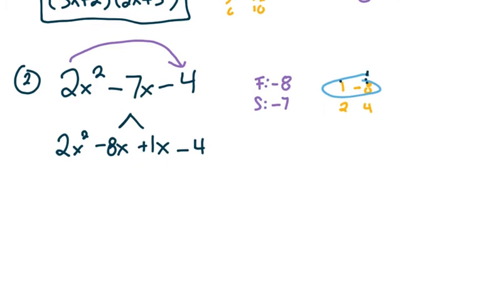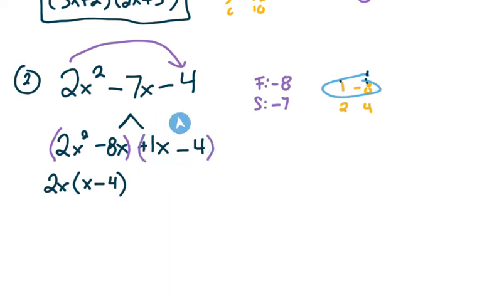So my second step is to group them. So I'll draw parentheses around the first two, parentheses around the second two. My greatest common factor from my first parenthesis is a 2x. And when I factor out a 2x, I'm left with an x minus 4.